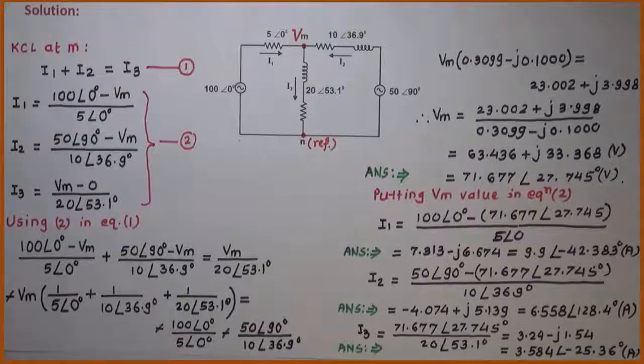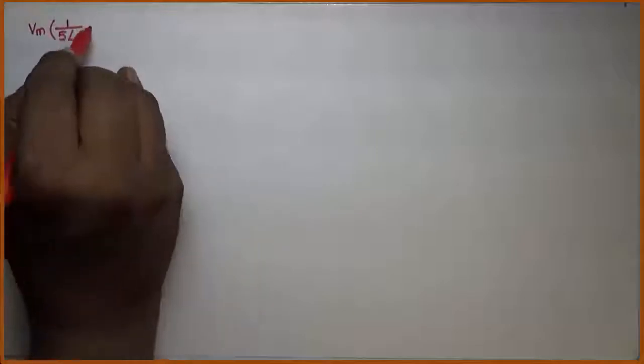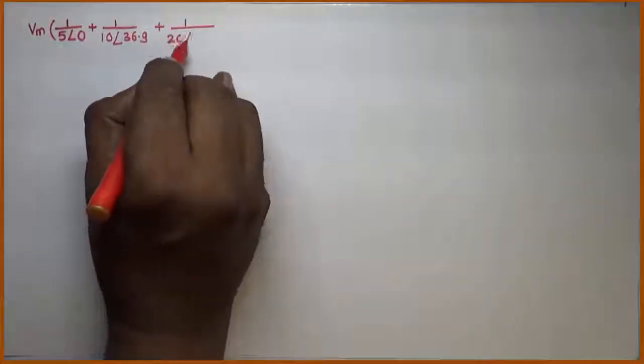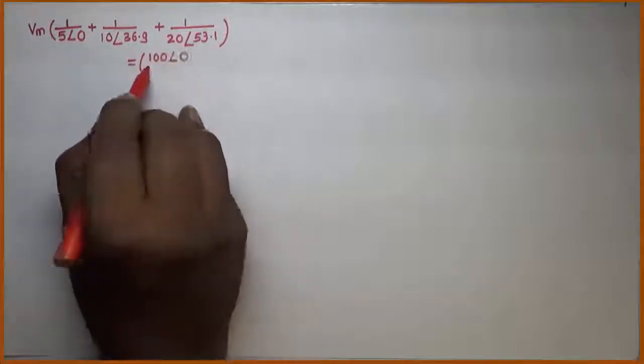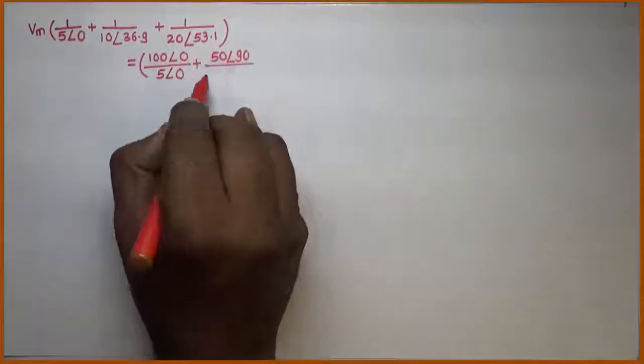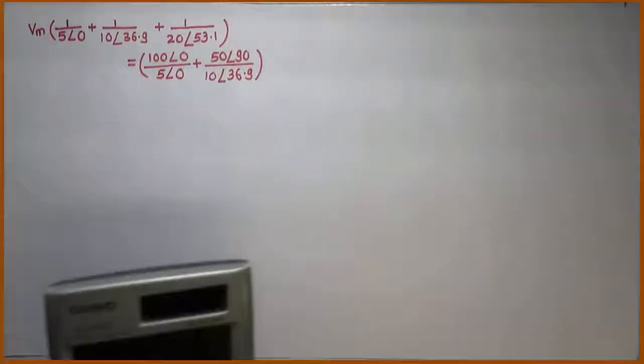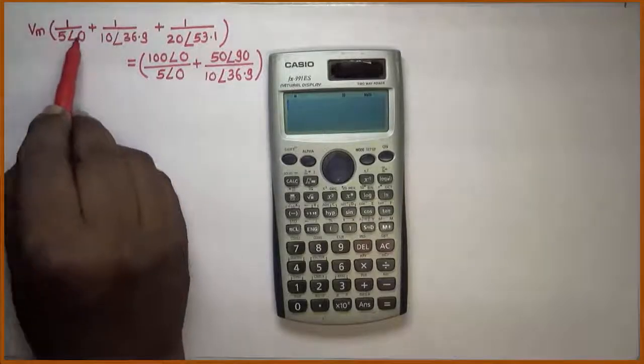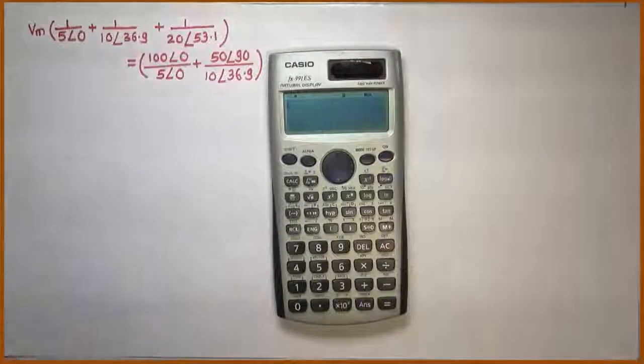Thank you very much. In the previous part of the video, we have seen some complex calculations. Here, we will see how to perform them by using a calculator. The first complex calculation we have seen in the previous part was in this calculation, this 5∠0 or 10∠36.9, these numbers are in polar form.